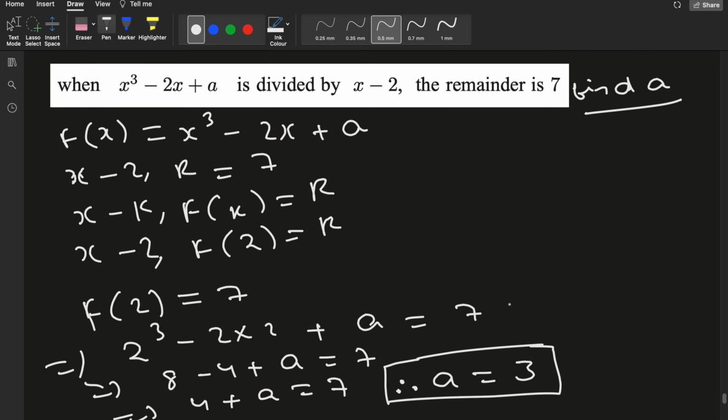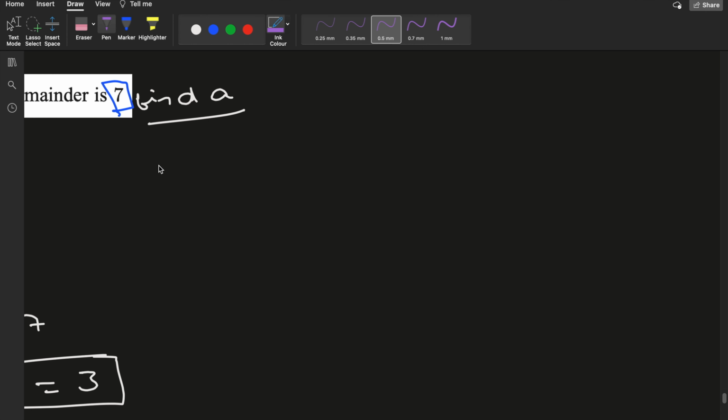Okay, so we get the value of a equals 3. So let's use long division to actually prove that the remainder is indeed 7 by substituting the value of a into the equation. So the divisor on the left hand side and the polynomial inside.